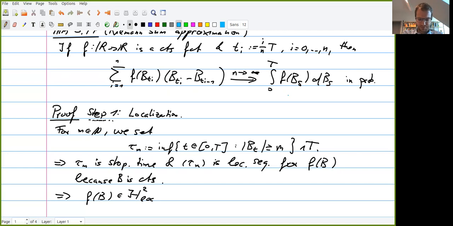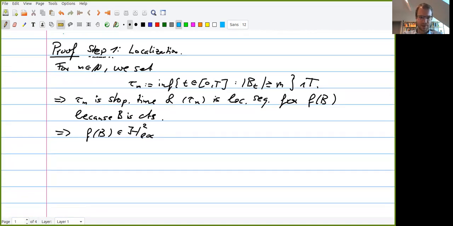Okay, and now I want to introduce a second localization. If we have introduced the stopping time τ_M, we only need to look at the function f on an interval minus M to M. So for every M, there exists a continuous function f_M with compact support.